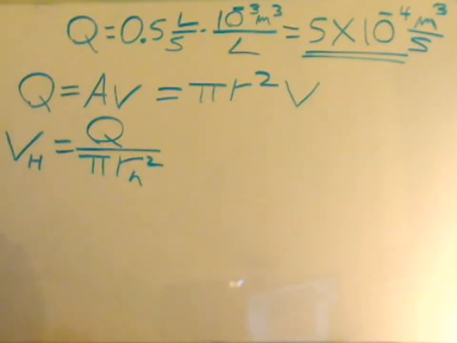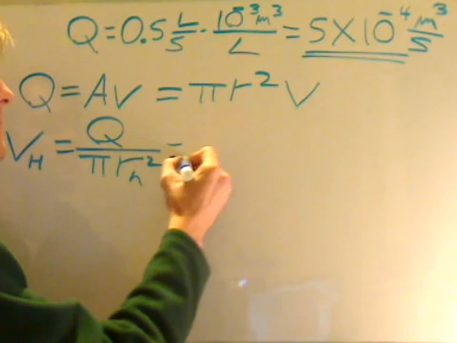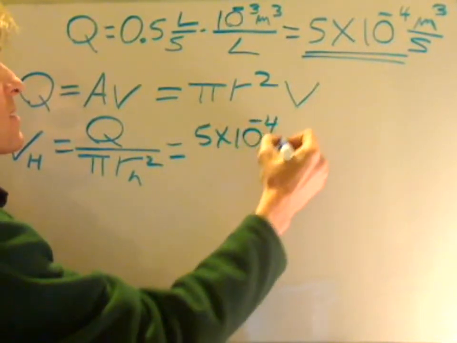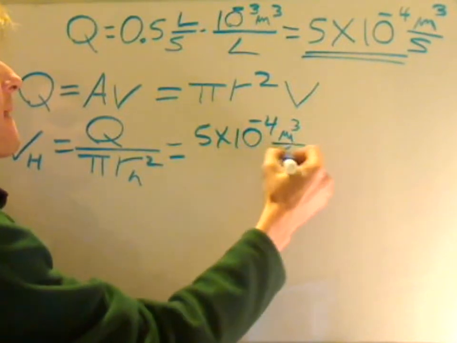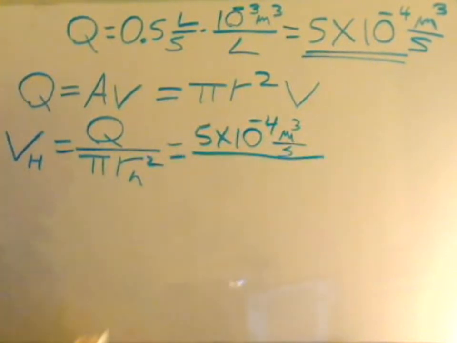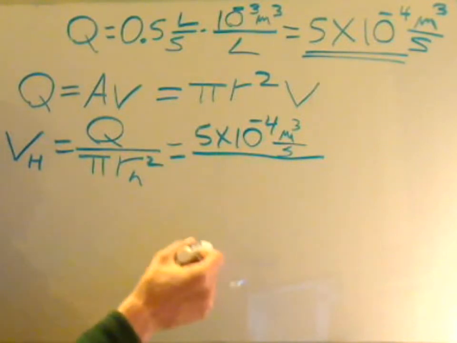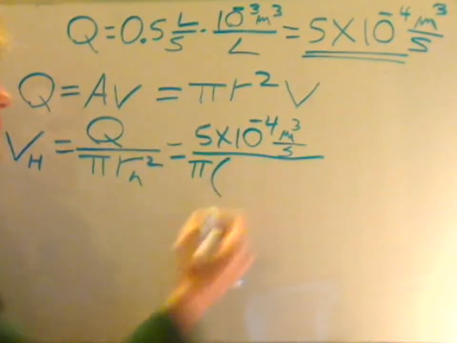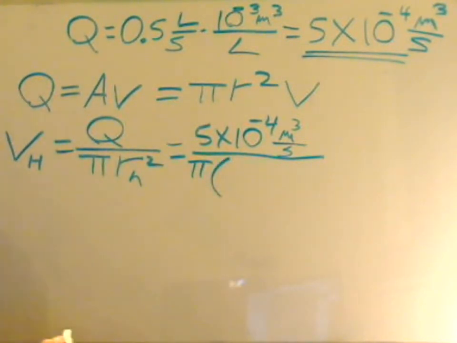Okay, so we plug this stuff in here. We have 5 times 10 to the minus 4 cubic meters per second as our flow rate, because remember, the flow rate is the same everywhere in the fluid flow, whether we're talking about the hose or the nozzle. Divided by pi, and the radius of the hose is 0.9 centimeters.